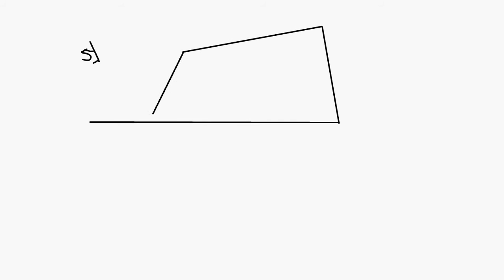Number 5, you are asked to find the missing values. It's a quadrilateral with a little tail on it. This exterior angle is 108. Here's y and x, and then 122 and 64 inside.